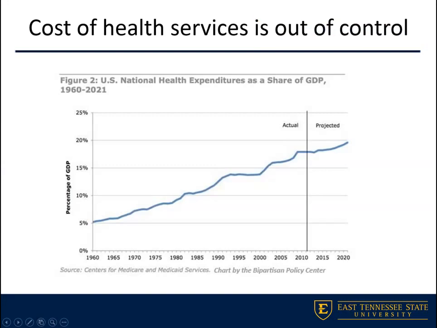So we can see here, this chart goes over the cost of services in the United States healthcare system starting about 1960, and we have it projected all the way up through 2020. In 1960 we can see it was fairly stagnant. I'm sure if we backed that timeline up a little bit, it would be more of a straight line up through 1960.